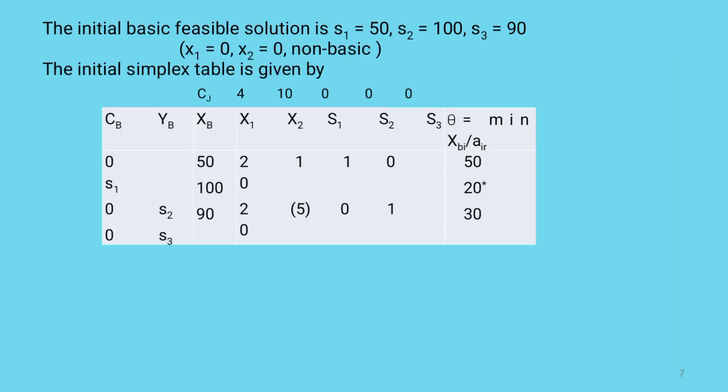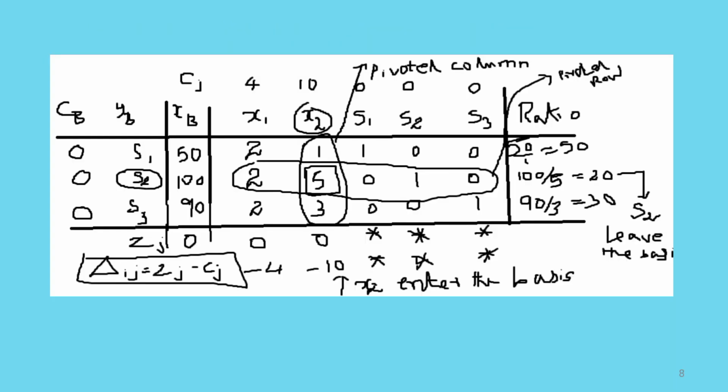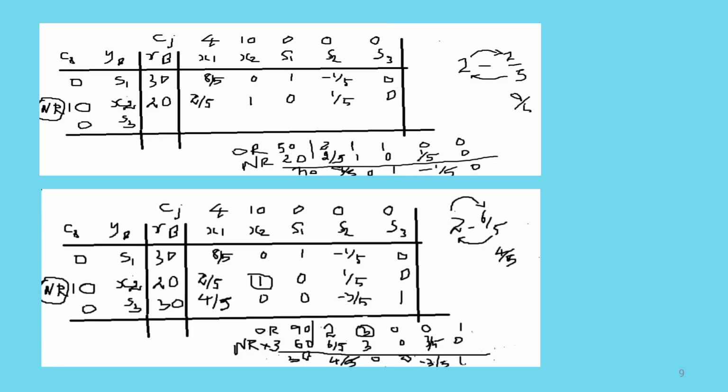From this we put it in the table, and we get the pivotal row and the pivotal column. The intersection of the pivotal row and pivotal column is 1. Therefore we move to one more step. We get the next table and the corresponding solutions.